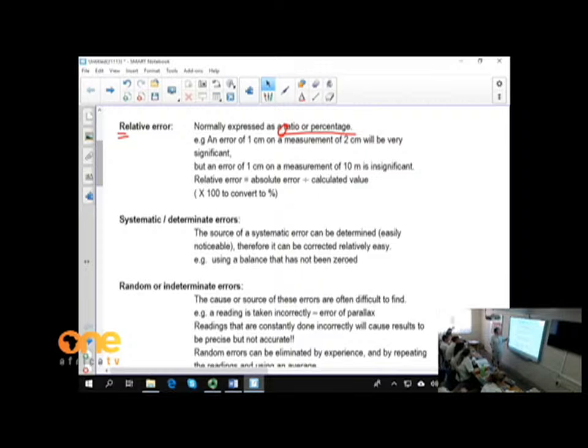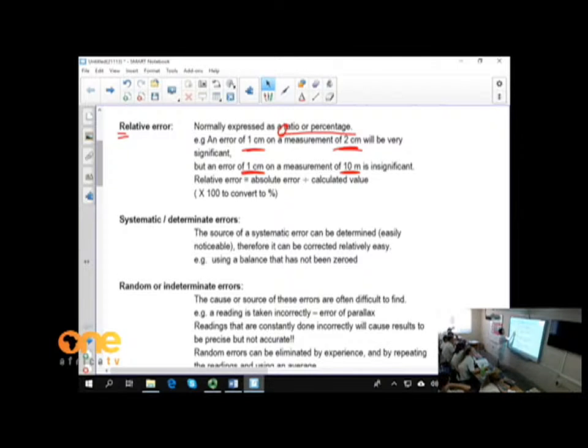And that is what they mean by a relative error. An error of 1 centimeter on a measurement of 2 centimeters will be very significant. It's a 50% error. But an error of 1 centimeter on a measurement of maybe 10 meters is fairly insignificant. You follow me?